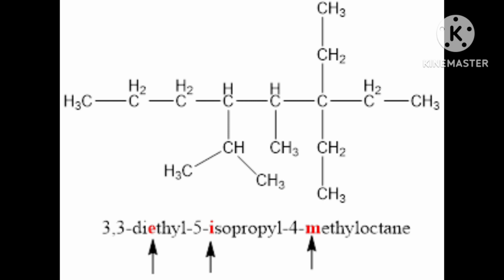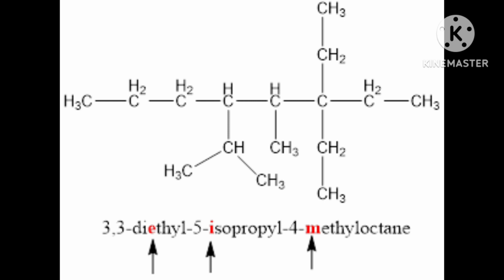From the right side you are calculating: carbon number 1, carbon number 2, carbon number 3. Suppose it is carbon number 2. If CH3 is there at the first and last, you can start numbering from any end.